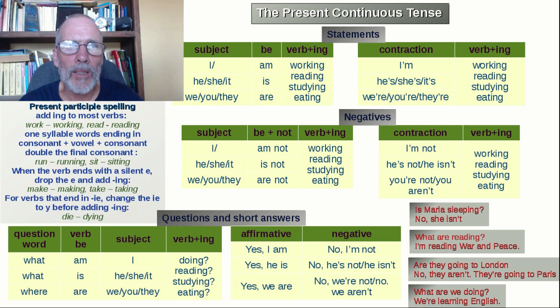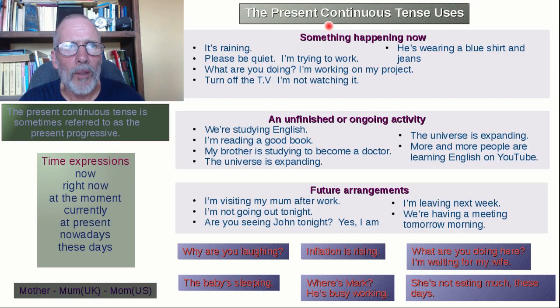Okay, very good. Let's continue with the next slide, which deals with present continuous tense uses. So here we have the main uses of the present continuous tense. And before we continue, let's just look at this note here. The present continuous tense is sometimes referred to as the present progressive. Don't get confused.